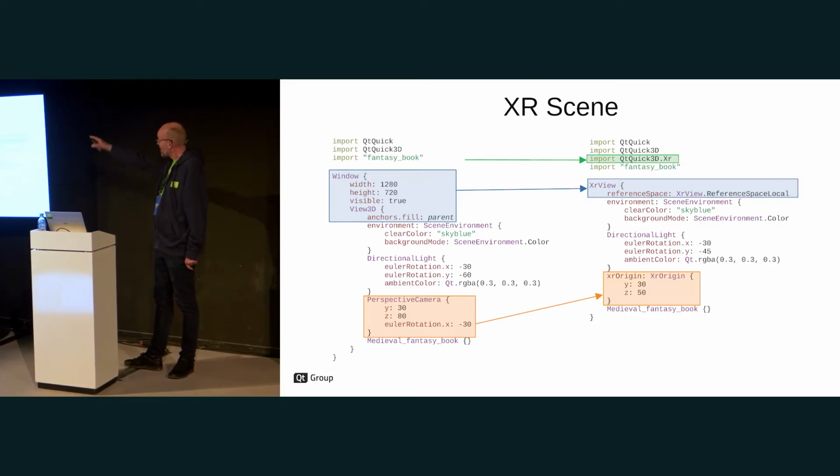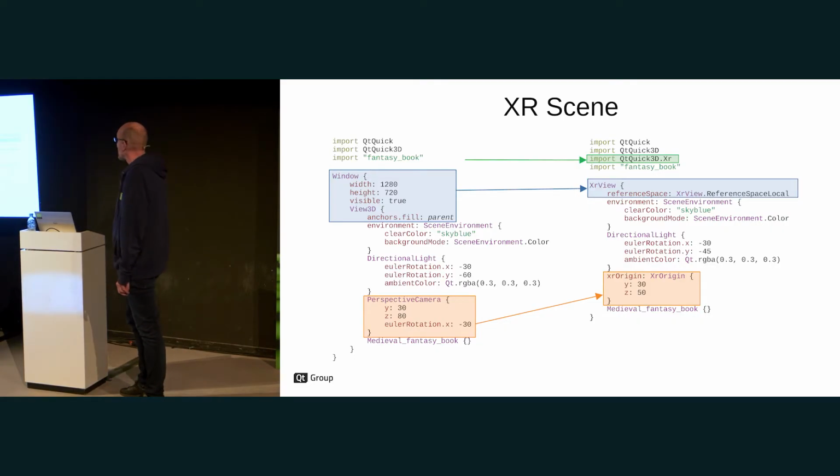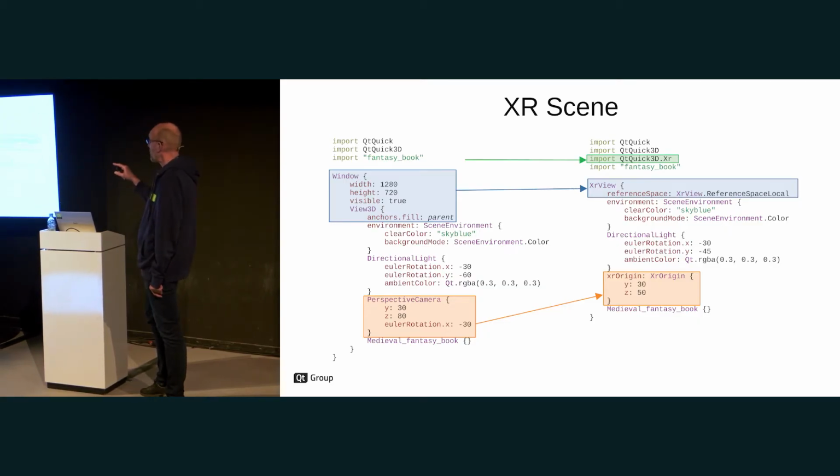So the green square says, the first step, of course, to say that we want to use the XR module. Then we're going to replace the window and the View 3D with the XR view.